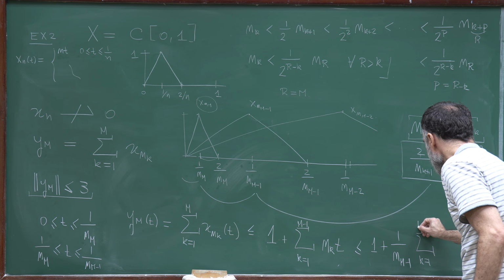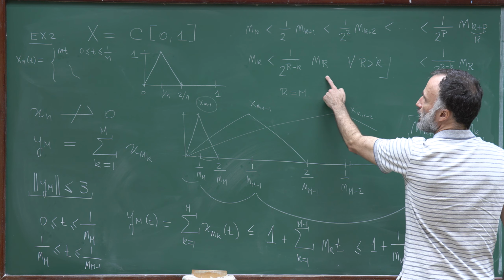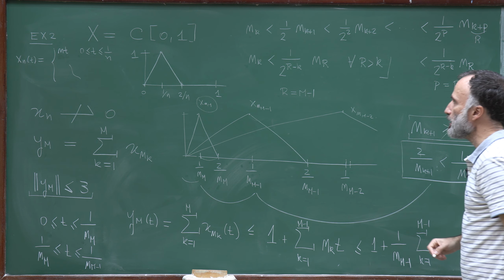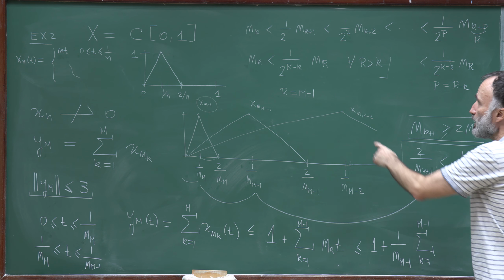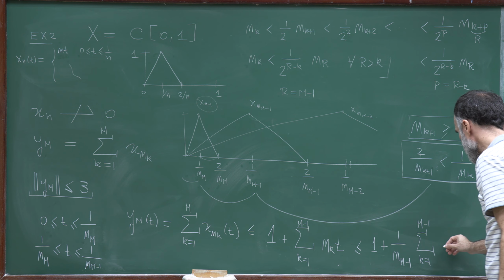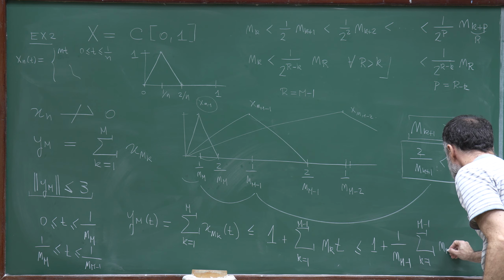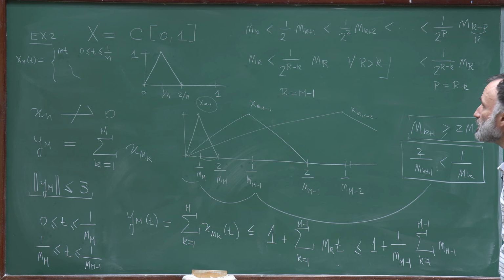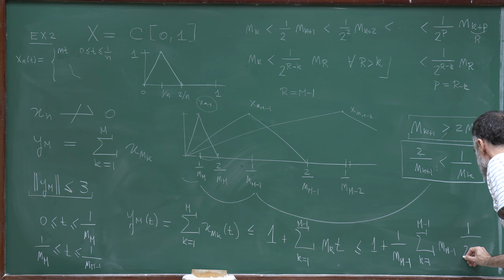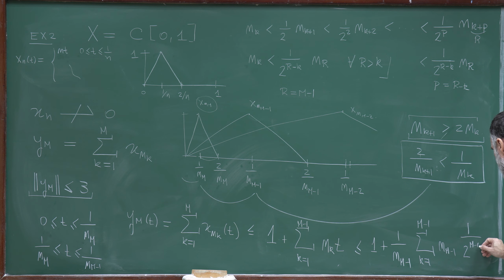And I have a sum from 1 up to m minus 1 of n_k. And again, I will use this inequality, but now with r equal to m minus 1. So I get n_{m-1}, which will cancel with this one. And then 1 divided by 2 to the power m minus 1 minus k.